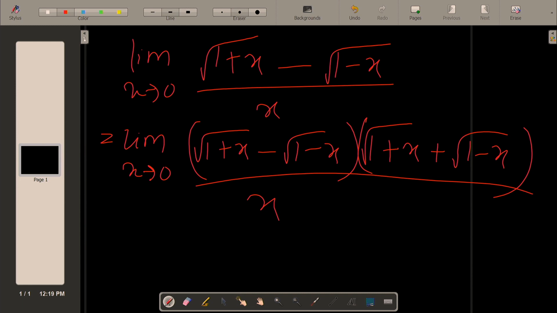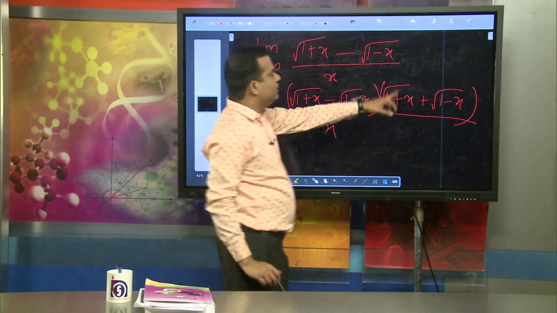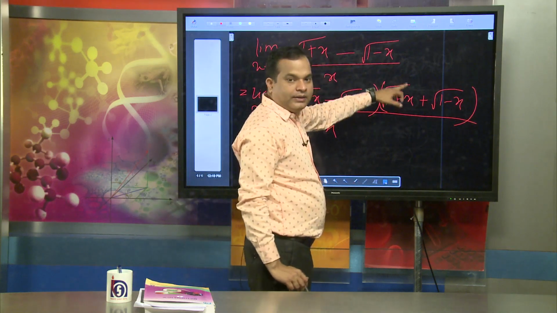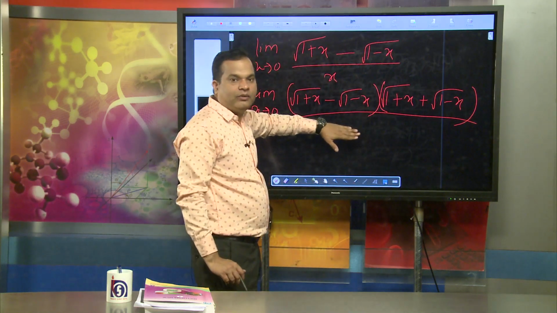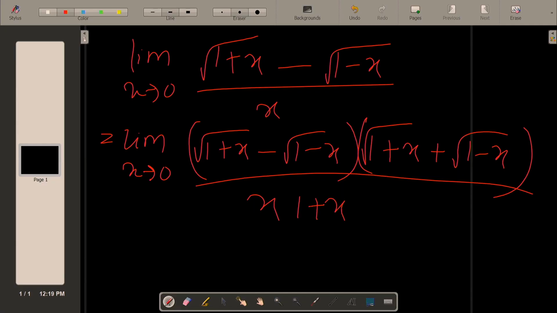You see, we multiply by square root of 1 plus x plus square root of 1 minus x in order to rationalize. What we multiply with the numerator, the same thing will be multiplied in the denominator. So x multiplied with square root of 1 plus x plus square root of 1 minus x.